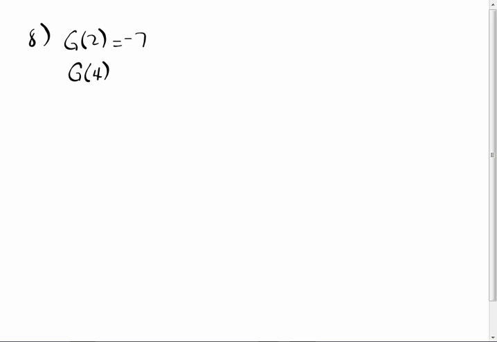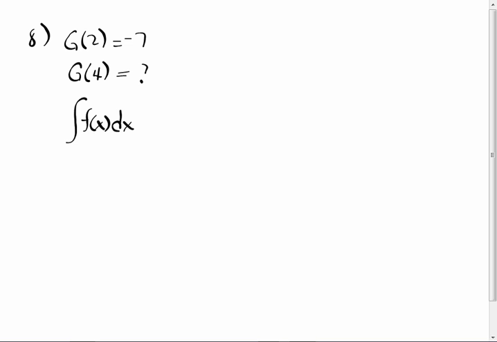I think I'm going to do the fundamental theorem. They did not give me very much here. G is the antiderivative of f of x. Okay, guys? This is used all the time. So let's get this nailed down. When you are given one ordered pair, they're going to have you do the fundamental theorem of calculus.